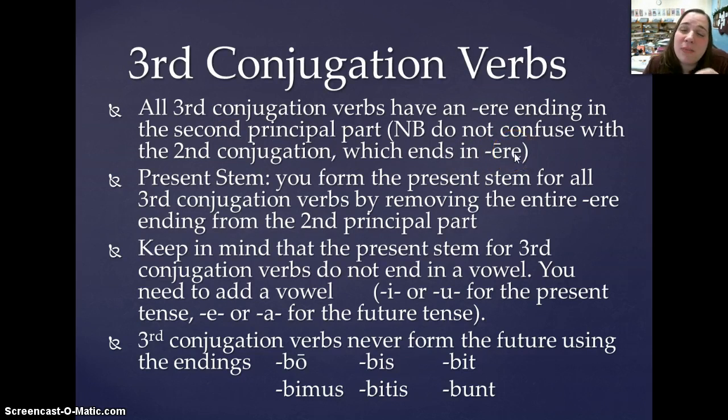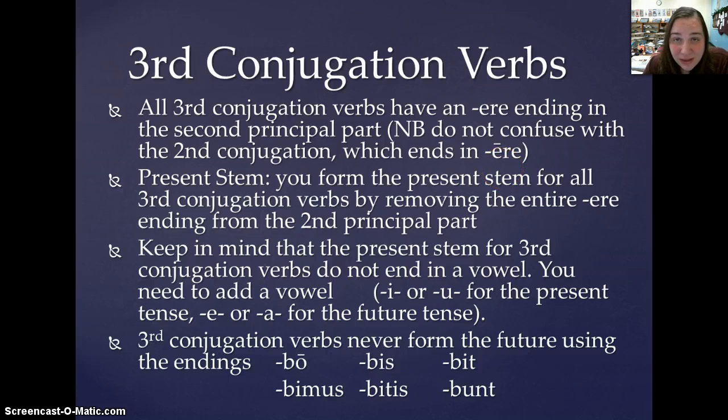This is why it's so important to learn those four principal parts when you're learning vocabulary, because you need to know what conjugation any given verb is in. You only know that by memorizing its second principal part and whether that ERE has the macron or not. Has the macron, second conjugation; does not have the macron, third.